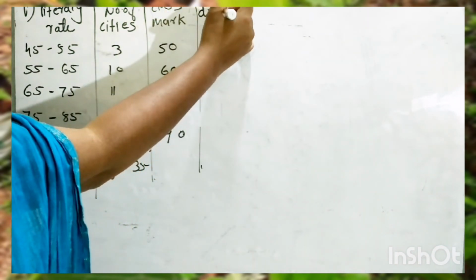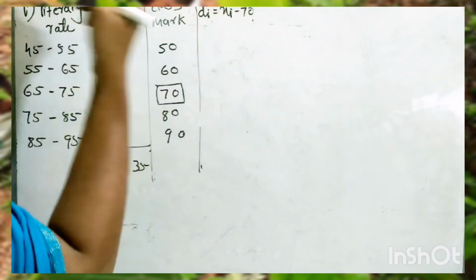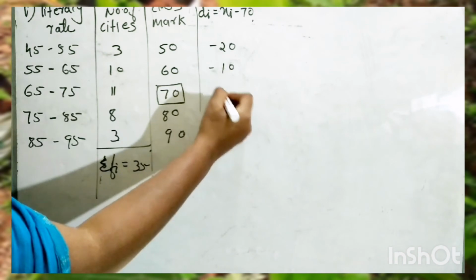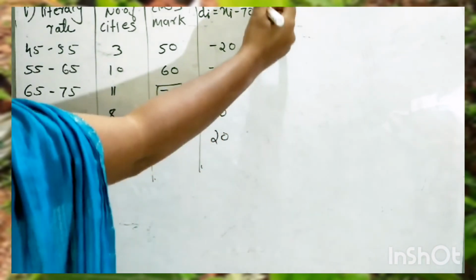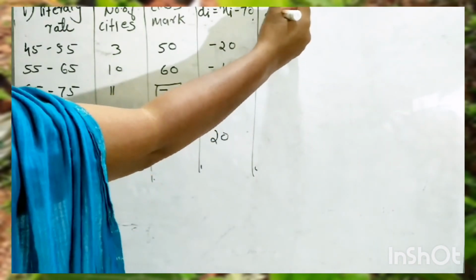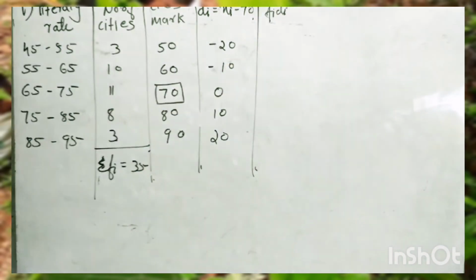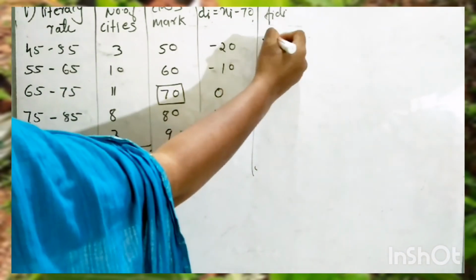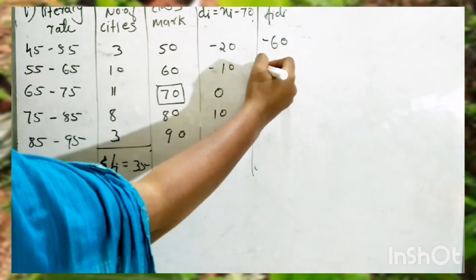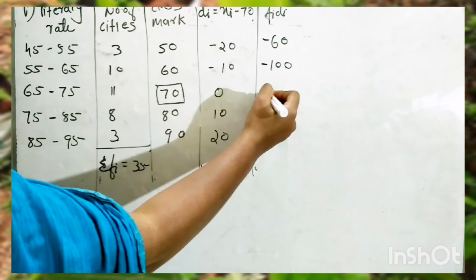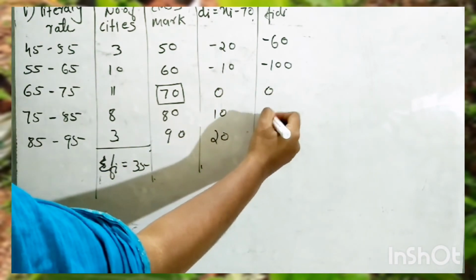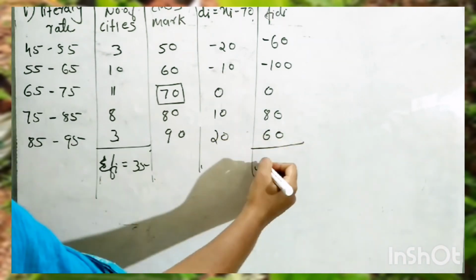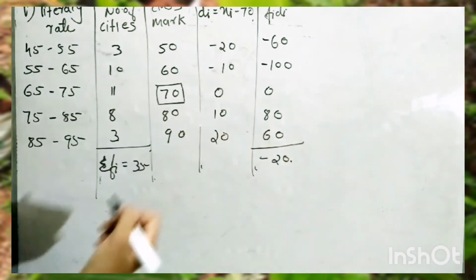So di is equal to xi minus 70, which is minus 20, minus 10, 0, 10, 20. Now fi di: 3 into minus 20, that is minus 60. 10 into minus 10, minus 100. 11 into 0, 0. 8 into 10, 80. 3 into 20, 60. The summation of this column, we will get as minus 20.